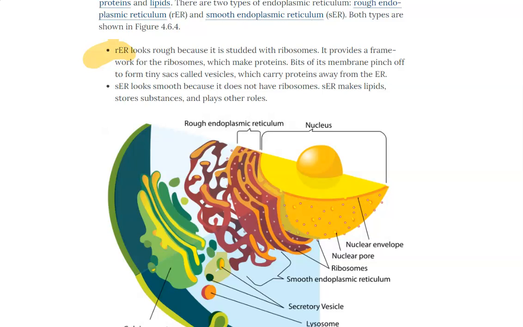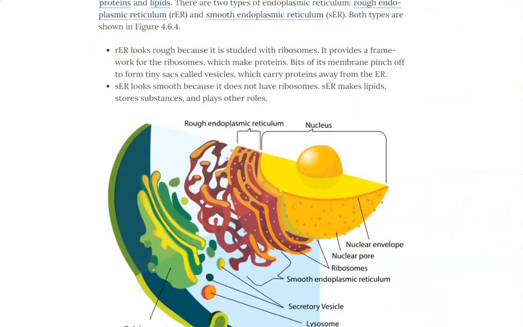And it's in the Golgi apparatus where all the vesicles fuse, and then if they're made to exit the cell, they will exit the cell.